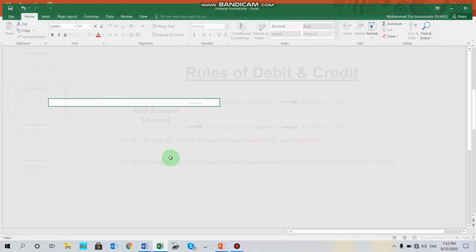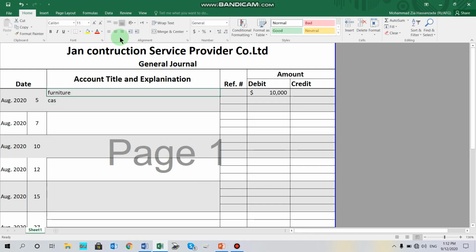For example, in this journal, from one side we record furniture, debit, how much? 10,000 USD, and also the cash which we pay for this, to cash, how much? 10,000 USD.